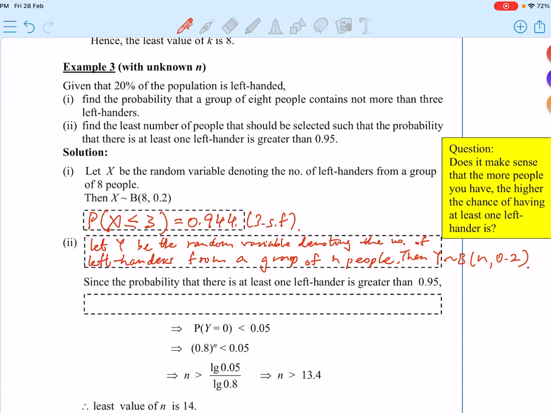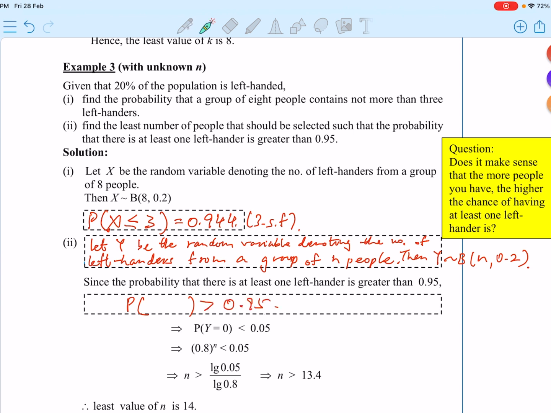So how do you write this in a probability statement? First thing is, it is probability. You read the question, it is greater than 0.95. Probability is greater than 0.95.